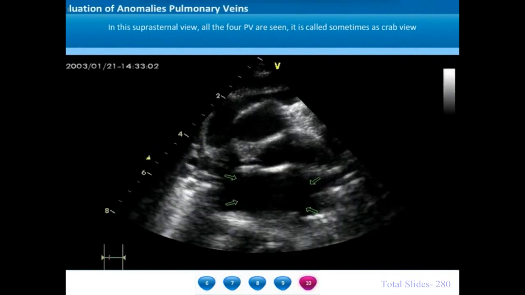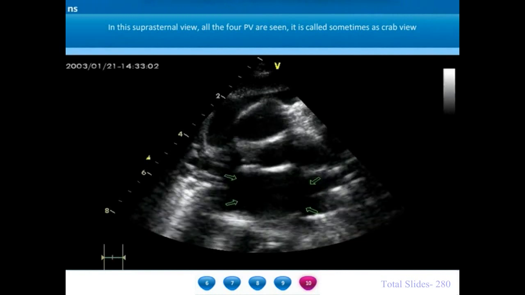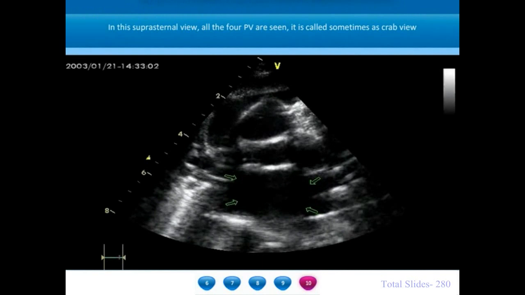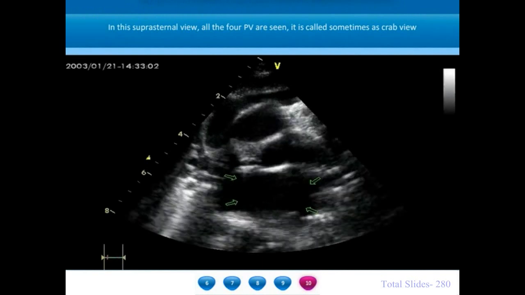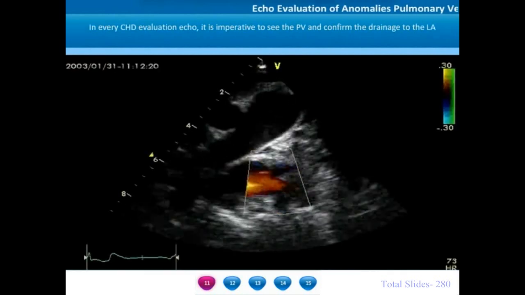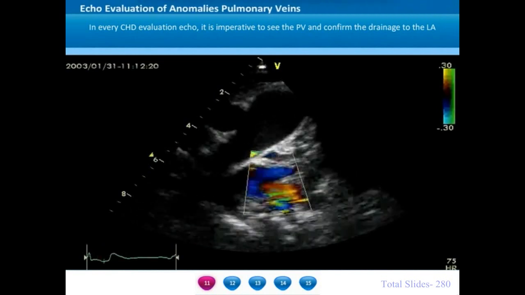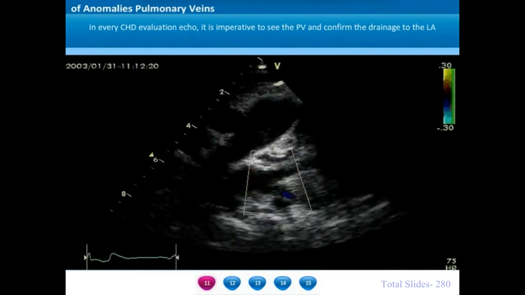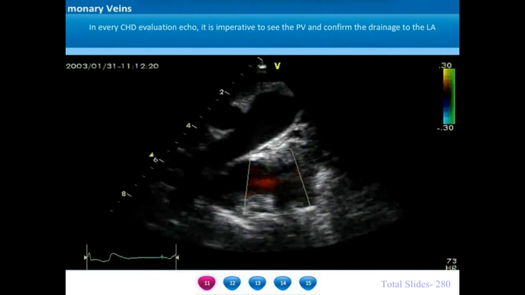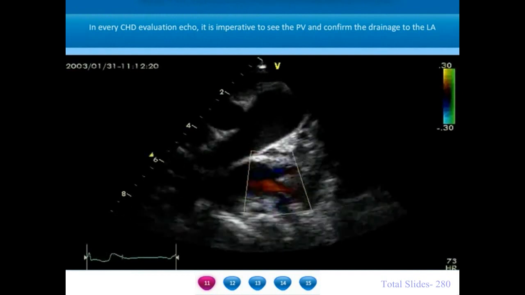In this crab view, you can see the left upper and lower pulmonary veins entering into the left atrium on the left side and the right upper and lower pulmonary veins entering into the left atrium on the right side. In every echocardiogram done for evaluation of a congenital heart disease, it is extremely important to document a normal drainage of all the pulmonary veins on both sides.